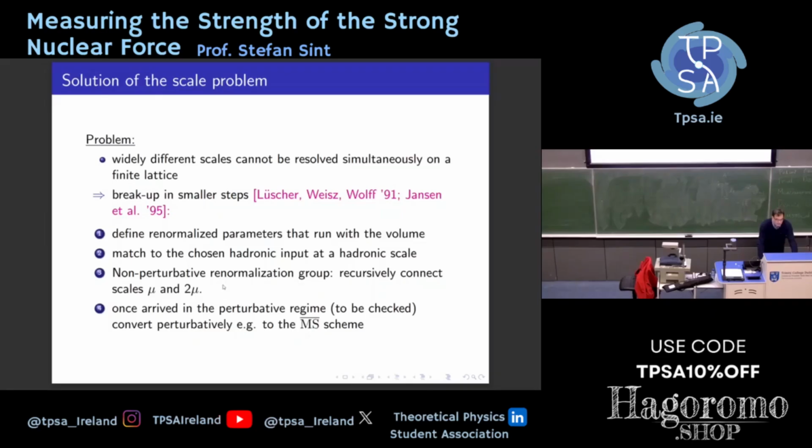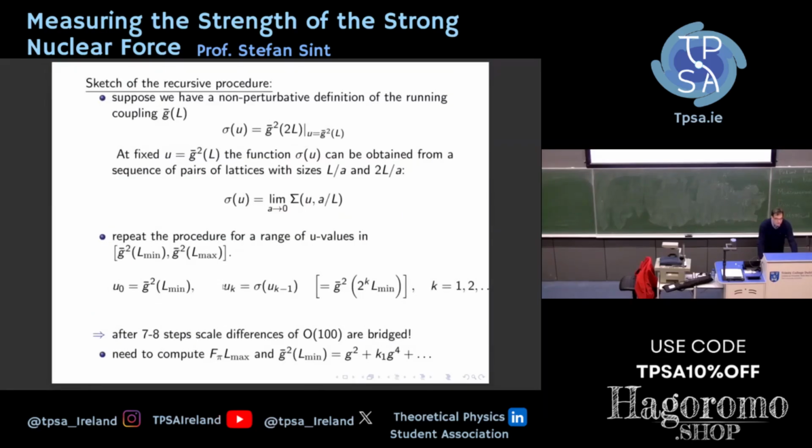Okay, and particularly what you do is you look at the step scaling function. So you do scale changes by a factor of 2, which means you double the volume. Okay, and that is very easy to do on the lattice. You take a lattice 4 to the 4, and then you take a lattice 8 to the 4. Then you take 6 to the 4 and 12 to the 4, and so on.